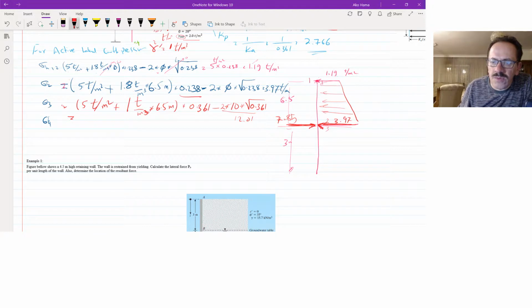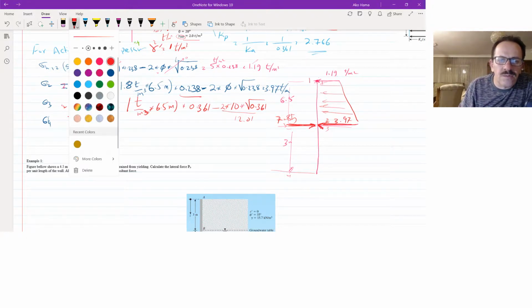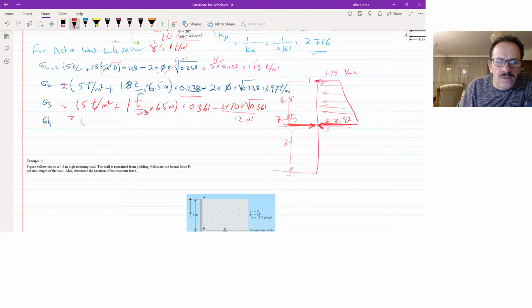Now here's the distribution of the stress from 1 to 2. Now from 3, remember we need to know what will be at point 4. So for point 4, it will be the 5 ton per meter square, the same, plus the gamma of 1, the same, times the z at point 4.